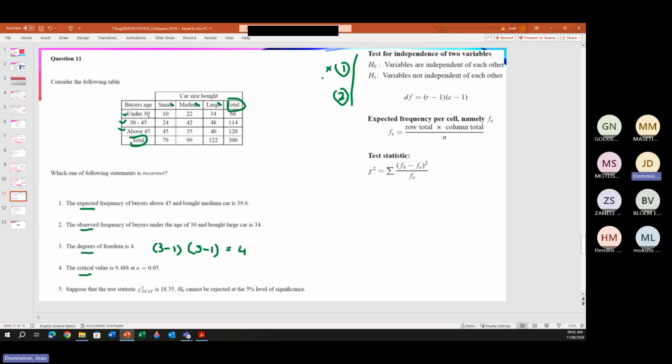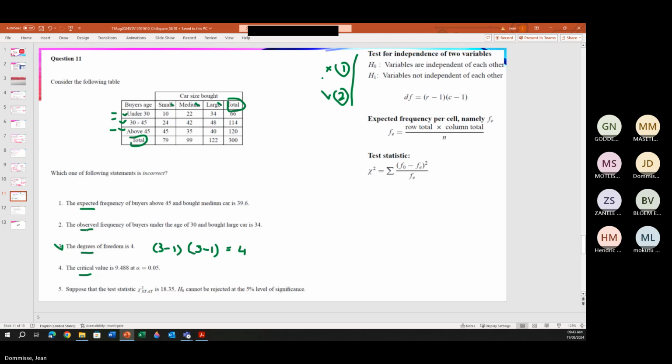Remember, we're looking at all the classifications of buyers' age, so we don't include total. There are 3 classifications. We look at car size, so there are 3 classifications. We don't look at total. So that's why 3 classifications, 3 minus 1, 3 classifications, 3 minus 1. So it's 2 times 2 is 4. Okay, so that is how we don't include the totals. We've done degrees of freedom.